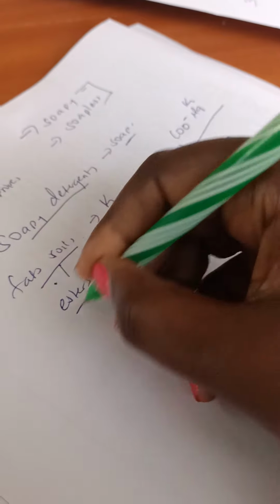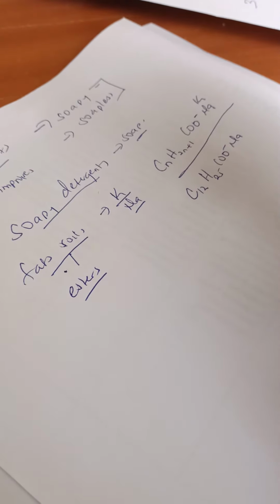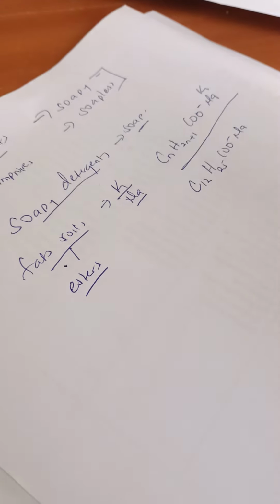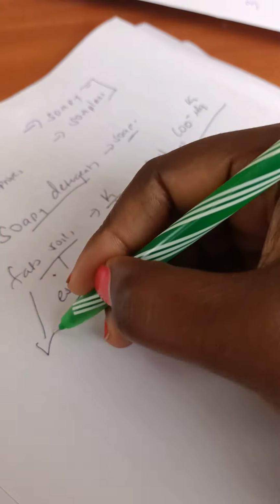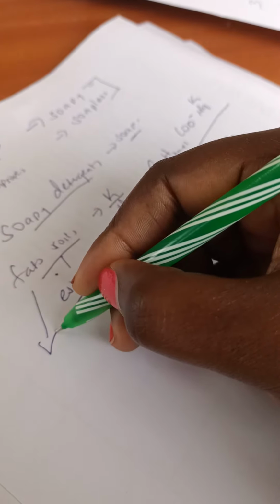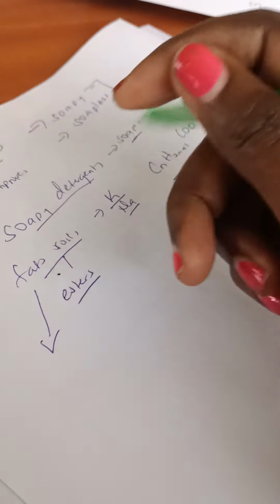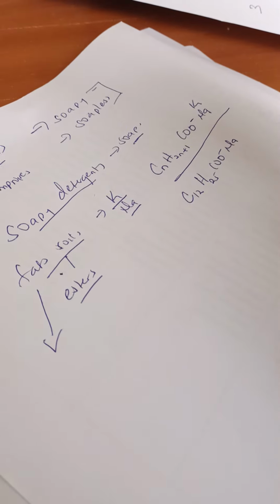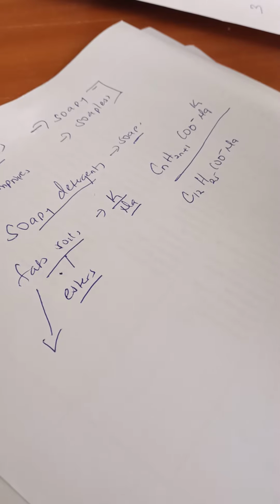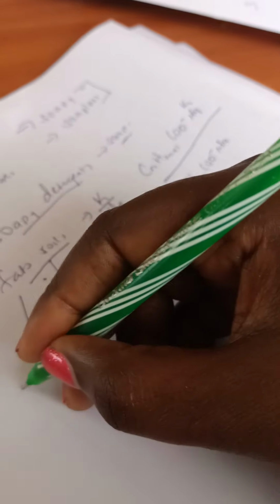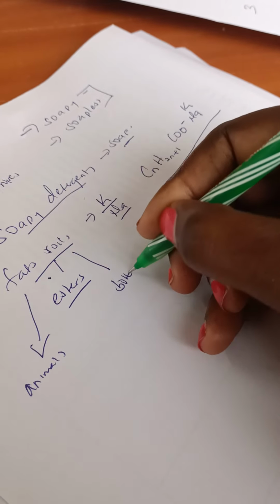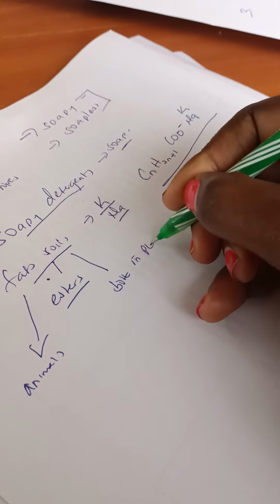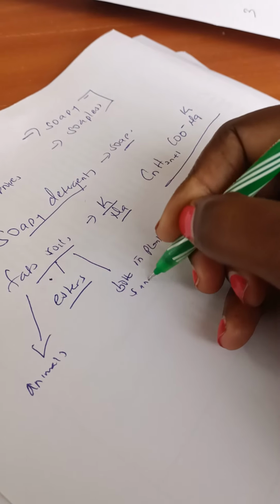We know fats and oils are esters. They belong to a class of esters. Fats are found naturally in animals, but oils can be found in both plants and animals.